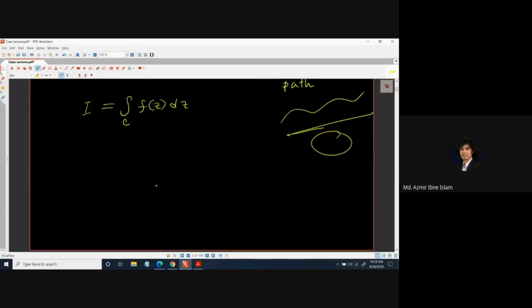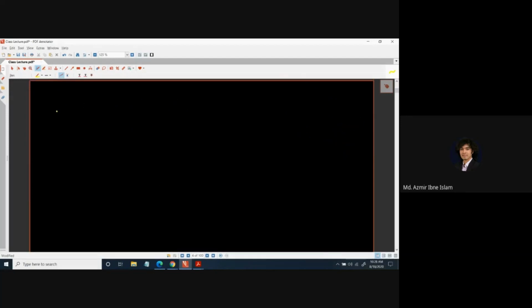So at first, have a look at the types of complex integral.